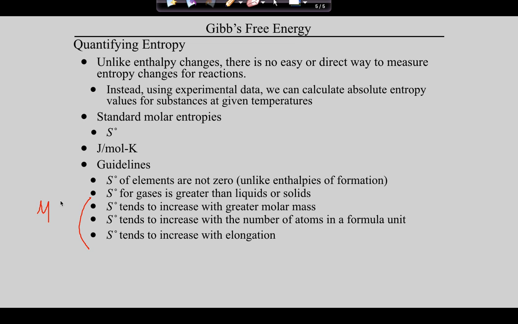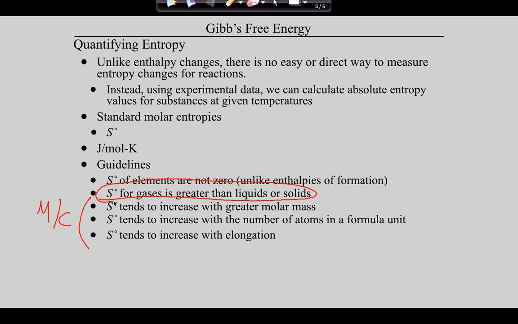These you'll see in multiple choice. These are not big ideas, these are little ideas. Hey, this molecule's longer. They might give you neo and N-pentane and ask which one is a greater entropy, things like that. Guys, this one is huge.